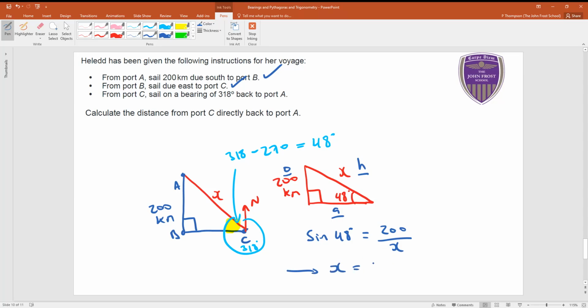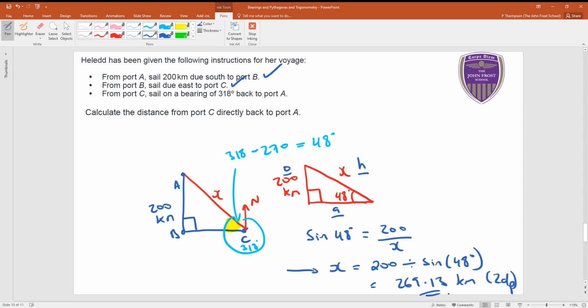So X is going to be 200 divided by sine 48 degrees. So 200 divided by sine 48. This is going to be 269.13 kilometers to 2 dp. And with that, we are done. All right, that's a tough topic actually, but as long as you draw decent pictures, you'll be okay. Nice one.